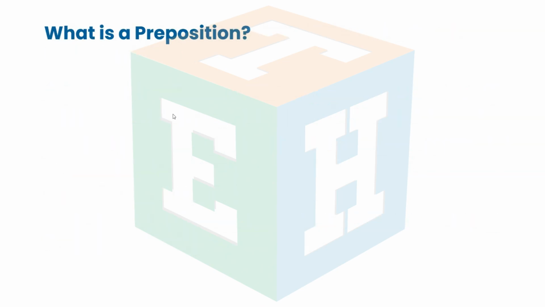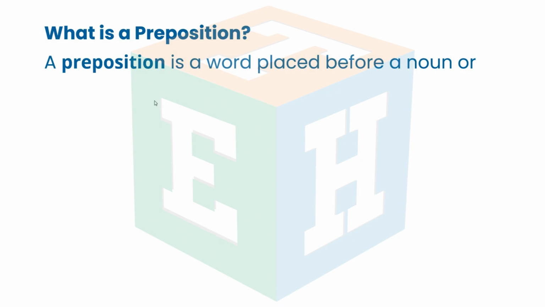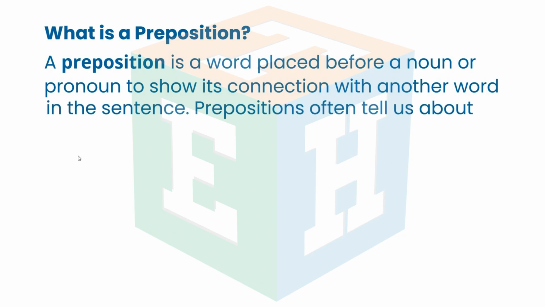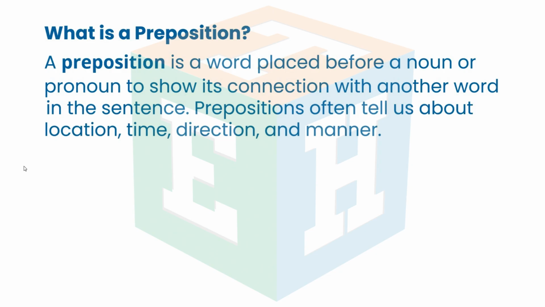What is a preposition? A preposition is a word placed before a noun or pronoun to show its connection with another word in the sentence. Prepositions often tell us about location, time, direction, and manner.